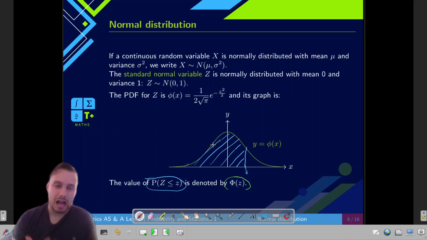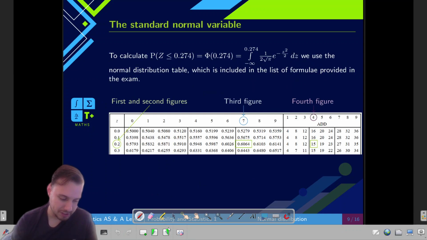Now, how is it that we find it? Because I mentioned earlier that we are not going to use integrals in this case. Integrating this is horrible. So how do we do it? We do it with the normal distribution table.